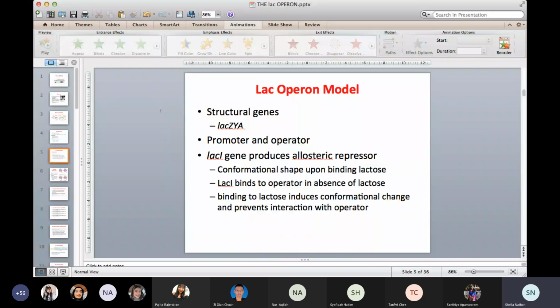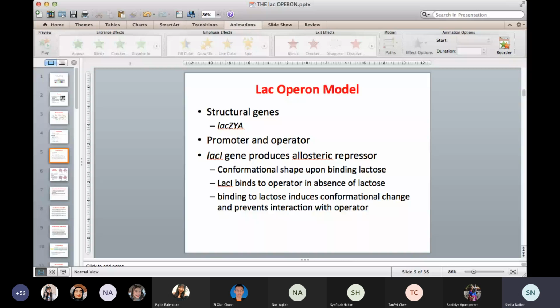First, in terms of the structure, we'll look at the picture. There are 3 genes, called Z, Y, and A. If you're asked to list the genes found in a Lac Operon, you would list them as Lac Z, Lac Y, and Lac A.